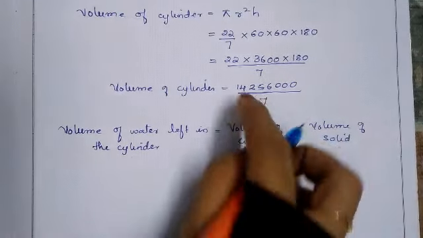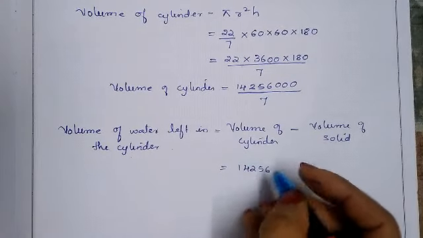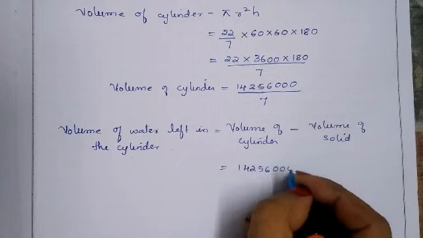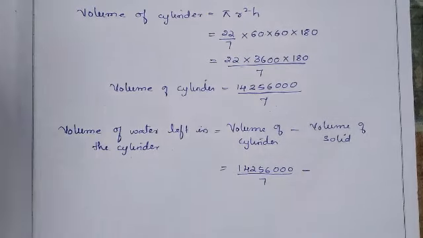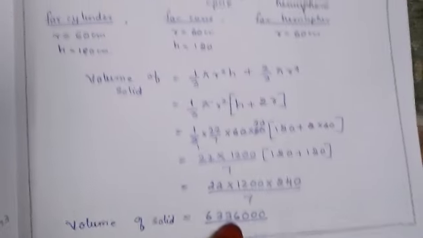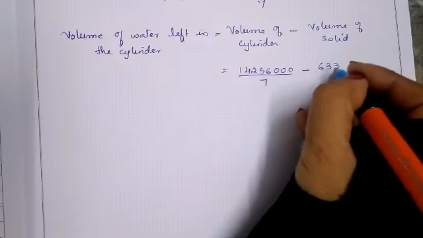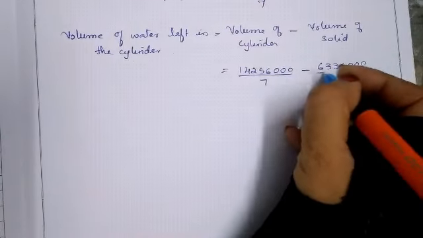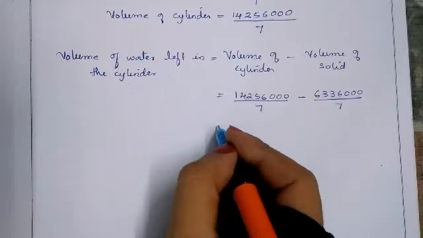Volume of cylinder just now we got 14256000 upon 7, and volume of solid we have found here. Volume of solid what we have got, 6336000 upon 7. Now we can see a denominator is same.